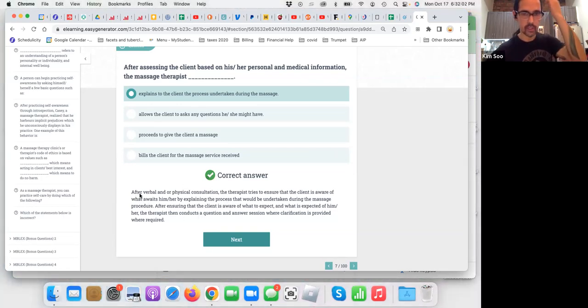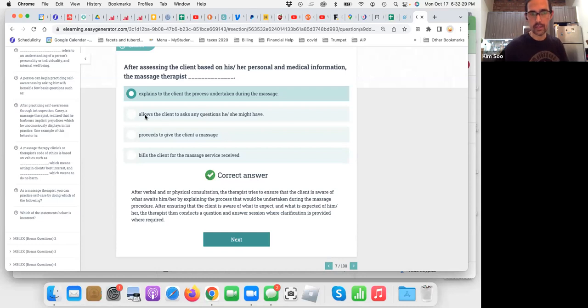After verbal and/or physical consultation, the therapist tries to ensure the client is aware of what awaits him or her by explaining the process that would be undertaken during the massage procedure. After ensuring that the client is aware of what to expect and what is expected of him or her, the therapist conducts a question and answer session while clarification is provided where required. Question and answer session. Okay.